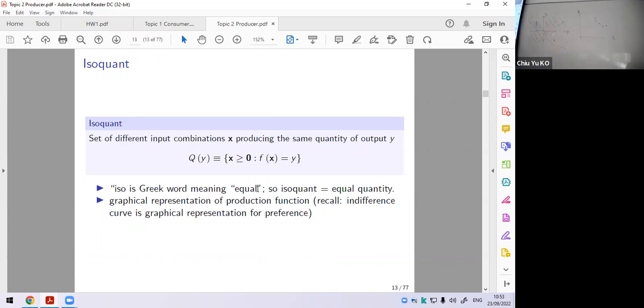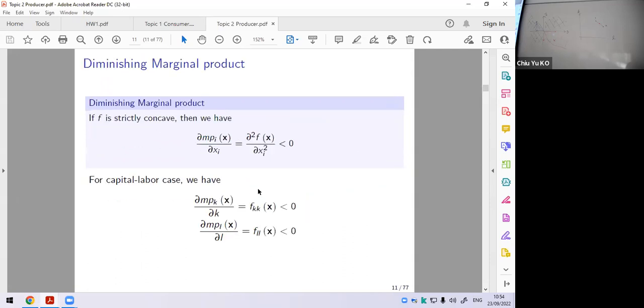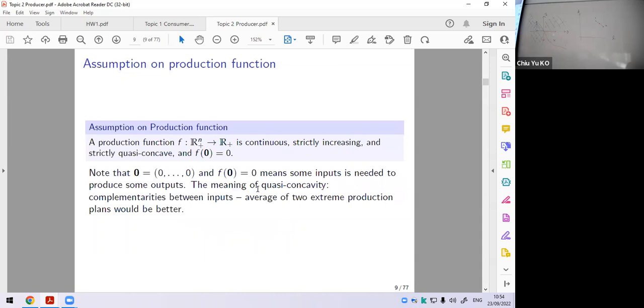This you learned before. This is the isoquant, the same as the utility indifference curve or indifference set. It's just the set of inputs that lead to a certain level of output. Because we assume a strictly increasing production function, the isoquant is a line. It's not a fixed set, because of the assumption of strictly increasing.